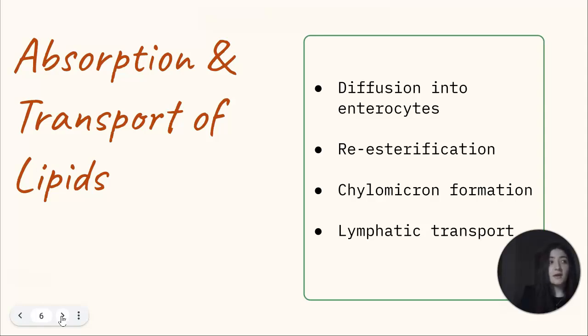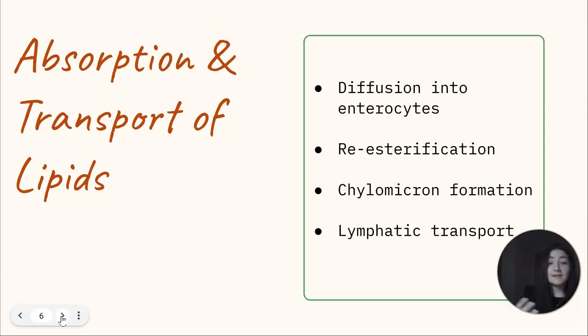These triglycerides are then packed with proteins to form little molecules called chylomicrons. And chylomicrons are large fatty proteins called lipoproteins, of course, that can't exactly enter the blood capillaries directly.